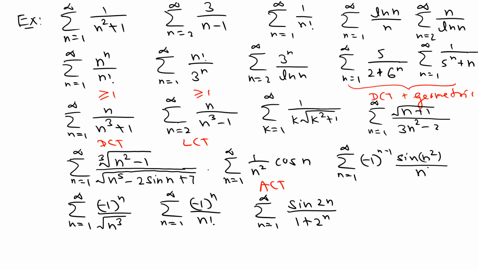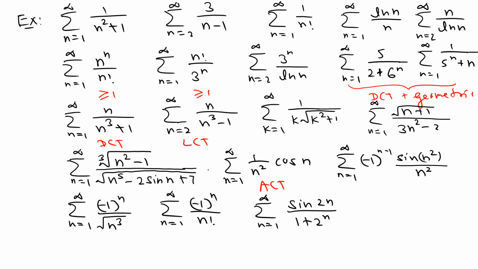I want to show you the category. So all of them go under the direct comparison test, limit comparison test, or absolute convergence test. Okay. So let's go to the next type.